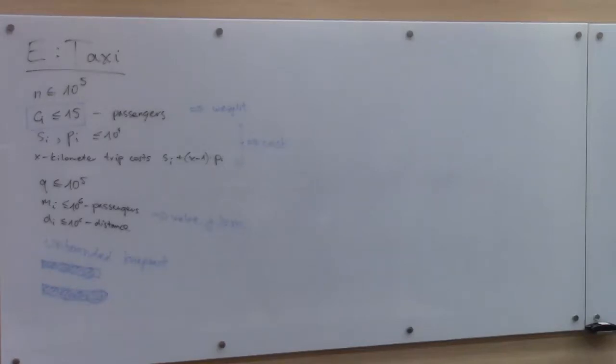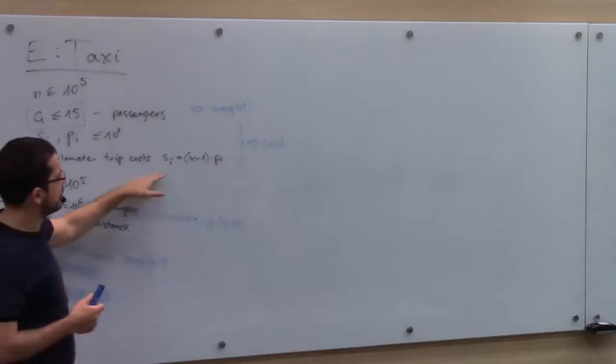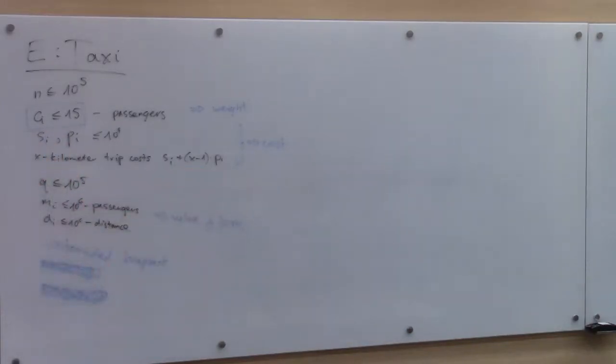Okay. But still, we need to find a fast way to get the element of the smallest cost. And this can be done with a little bit of geometry, because we need to optimize some linear functions. So it's good to see it on the graph.